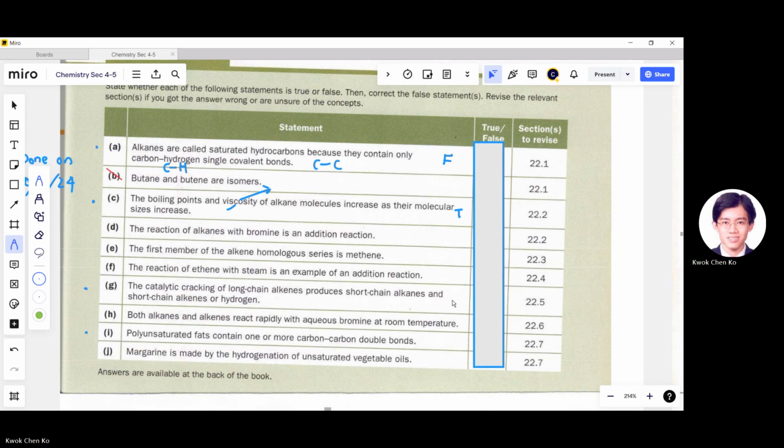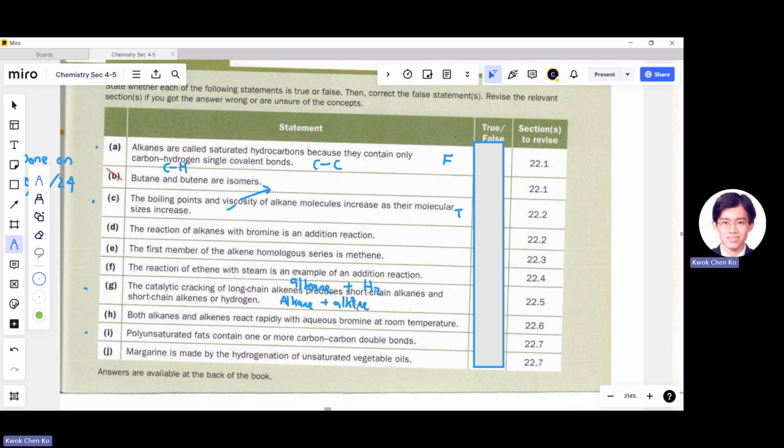G? Actually, I don't like the way it's structured because of the English. What they're saying is this: you produce alkane plus alkene, and alkane plus hydrogen.